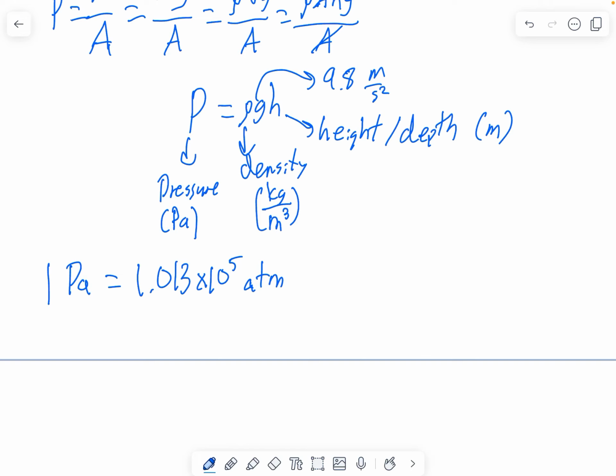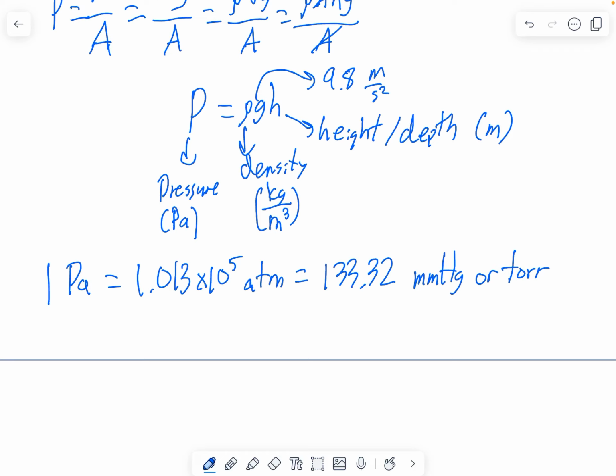Atmospheres, maybe you've seen this in chemistry. That's also equal to 133.32 torr, or millimeters of mercury. I like millimeters of mercury, and the symbol for mercury is Hg, or torrs.